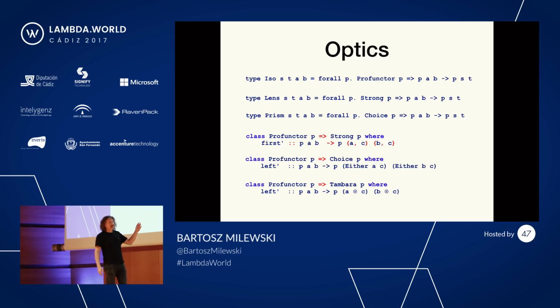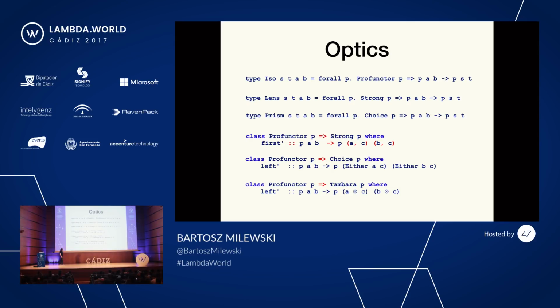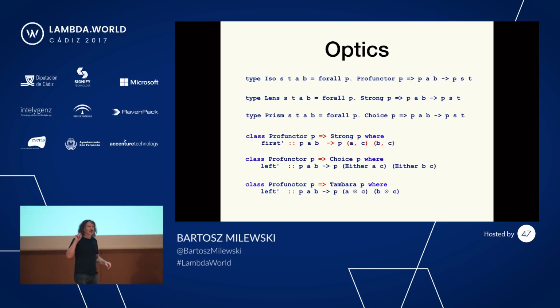And in category theory, something like this is actually called a Tambara module. Okay? So this is the definition of Tambara module translated to Haskell, right? So I just replaced pair and either with this tensor product. And that's it. So now I can work with prisms and lenses at the same time.